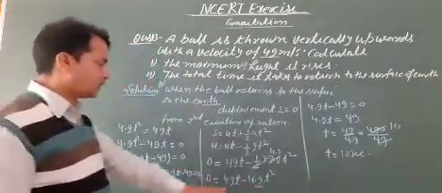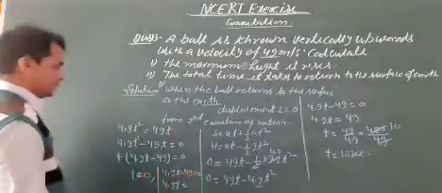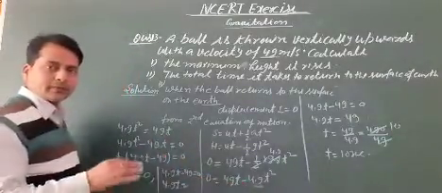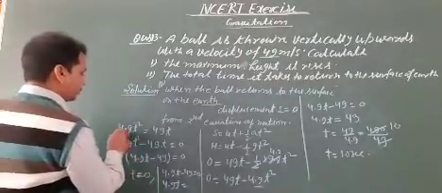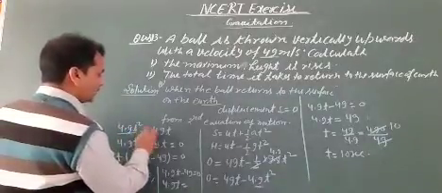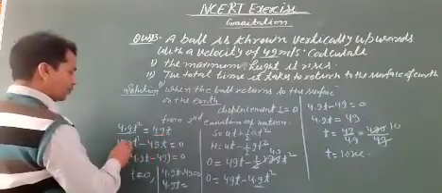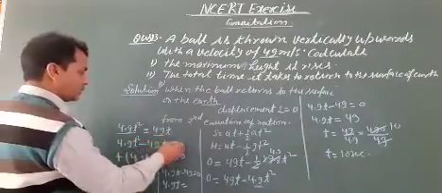Then transpose 4.9t square to the left hand side. Then the negative sign will change to positive sign. Then 4.9t square equal to 49t, and 49t transposed here. Then 4.9t square minus 49t equal to 0.